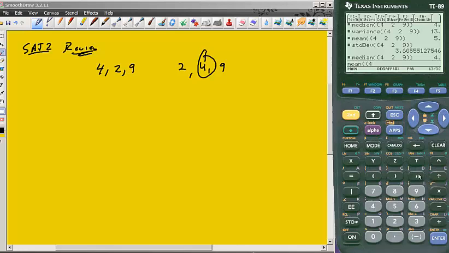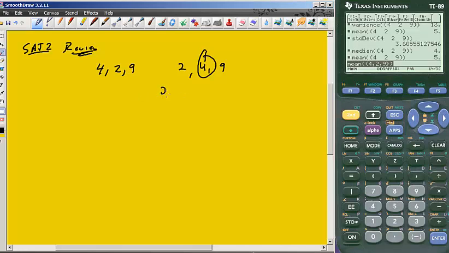And type in 4, comma, 2, comma, 9. Close the braces, and then close the parentheses. Okay. Now, hit enter. Oops. Too many braces, huh? Parentheses. Okay, hit enter, and there it is. The mean is 5. So all it did was add 2 plus 4 plus 9 and divide by 3, and that gave us 5.